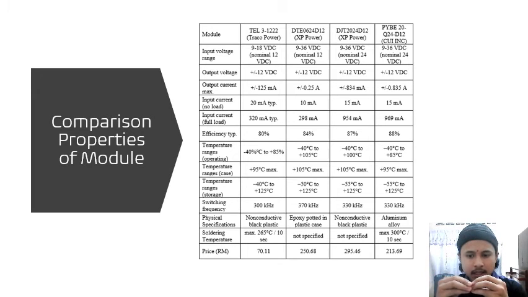But in terms of the current that we are using, 0.8 is almost 1 ampere, a bit high for the system. So we see that DTE is a good module to replace.